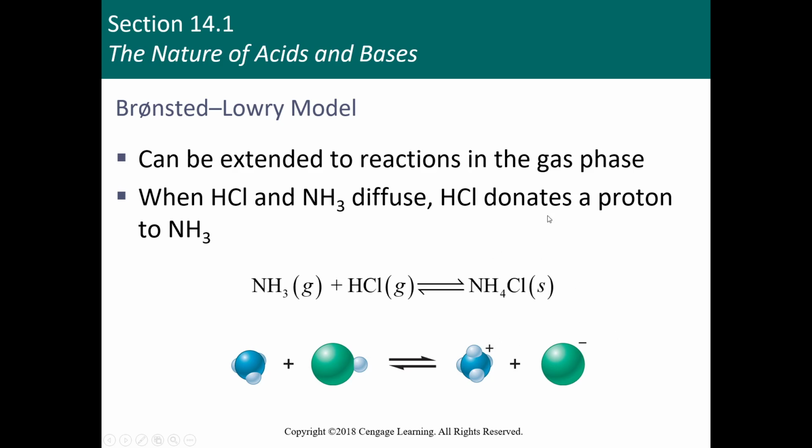This is interesting because it is what happens a lot in atmospheres around cities and industrial areas. It's kind of funny because some of the pollution from cities with a lot of cars actually gets fixed by industrial areas around them, which have quite a bit of ammonia, or a farm area around them, which has a lot of ammonia too. So it's an interesting thing if you're curious. Anyways, this is a base reacting with an acid to give you a salt, which is the typical acid-base neutralization reaction, actually.